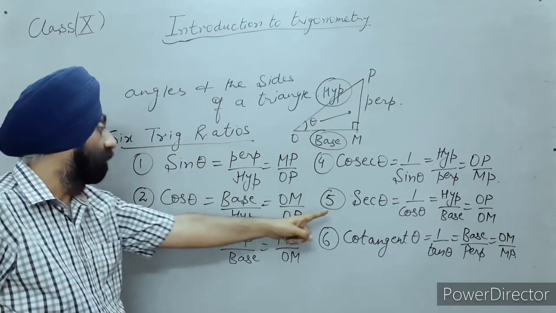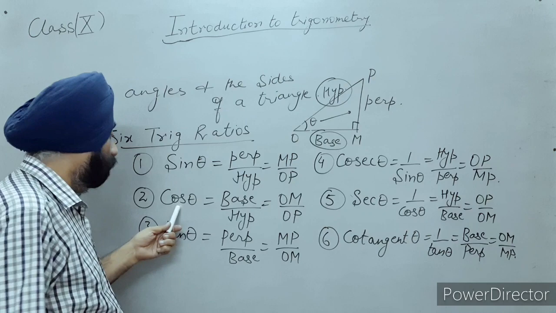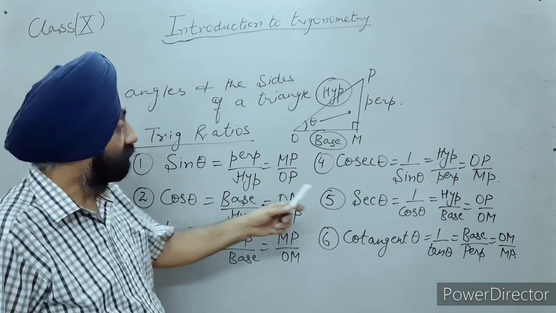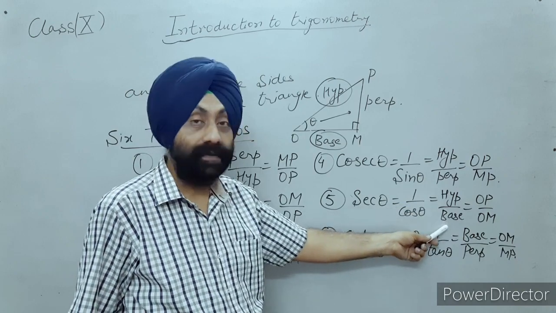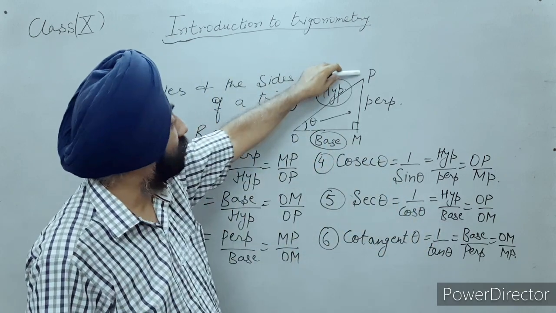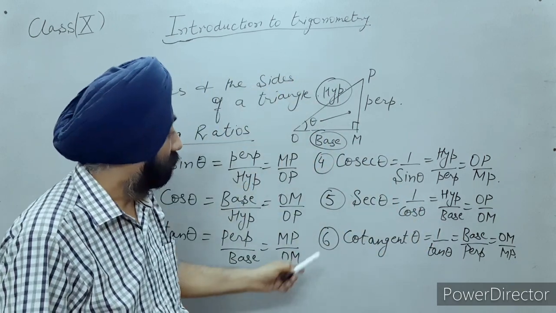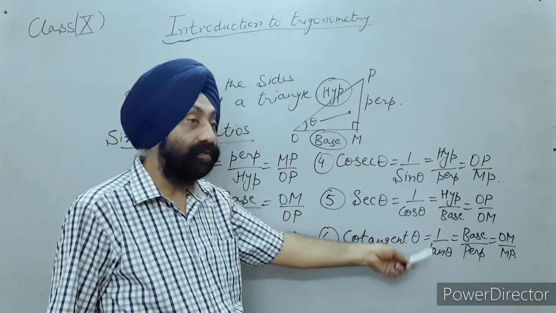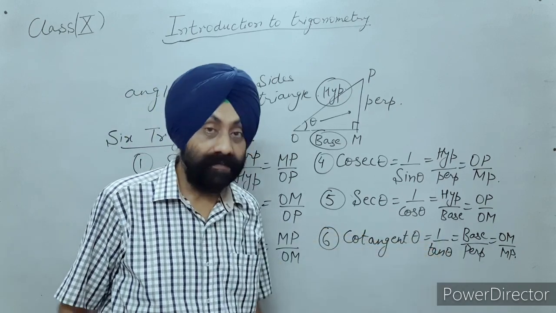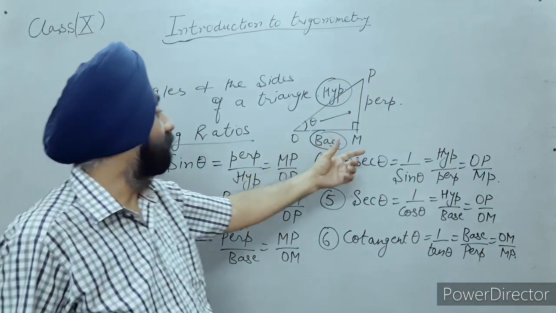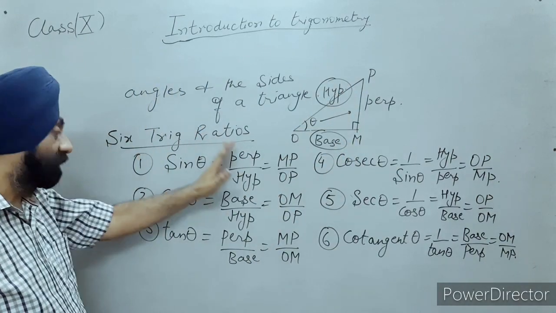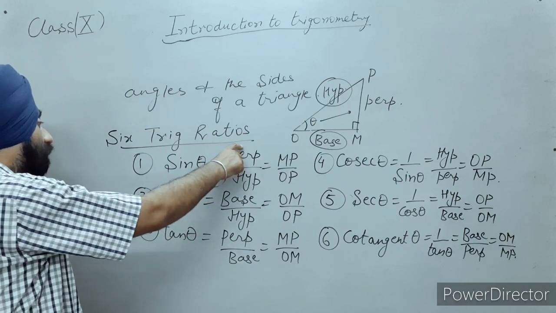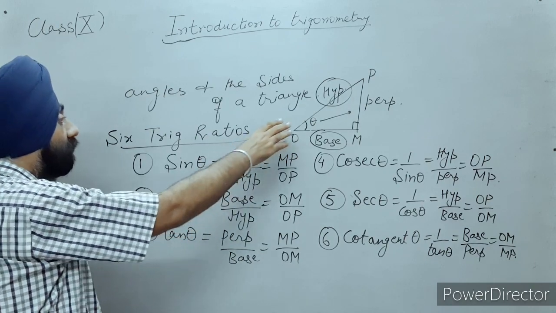Similarly, secant theta is 1 upon cosine theta, hypotenuse upon base. Hypotenuse was OP, the base was OM. Next is cotangent theta, that is 1 upon tan theta, base upon perpendicular. Base is OM, perpendicular is MP. So I get the 6 T ratios by just taking the ratio of the 2 sides of a triangle.